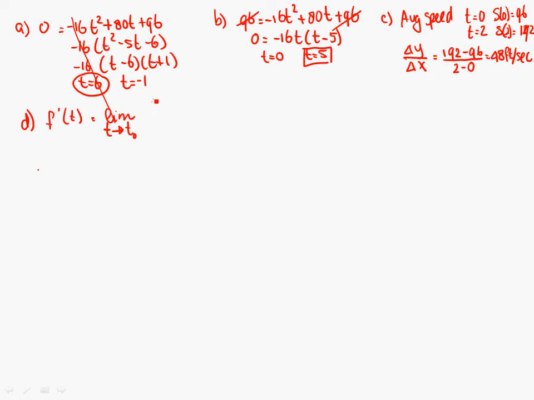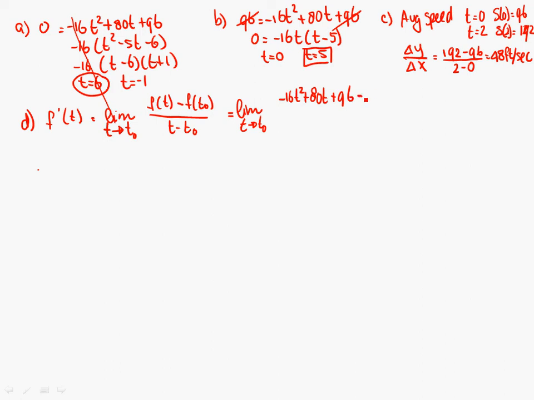And we need to find that limit by taking the function, subtracting what we get when we plug in t sub 0, and dividing that by t minus t sub 0. Well, the first part there is not too bad, because that's just copying the function. And the function is negative 16 t squared plus 80t plus 96.